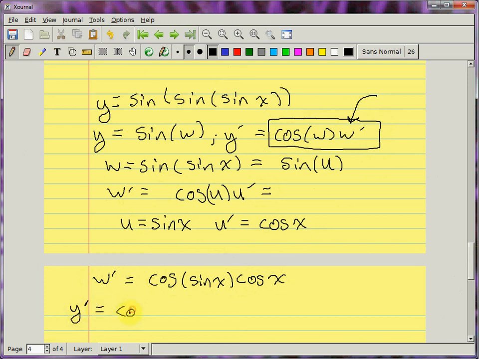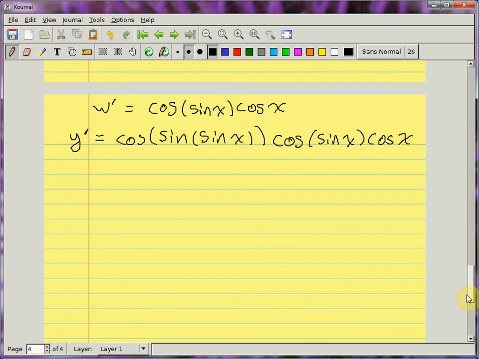So it's going to be cosine of w, which is sine x. And here now I owe a w prime, and we just said that w prime is this stuff, so I should write cosine of sine x times cosine x. And that's it.